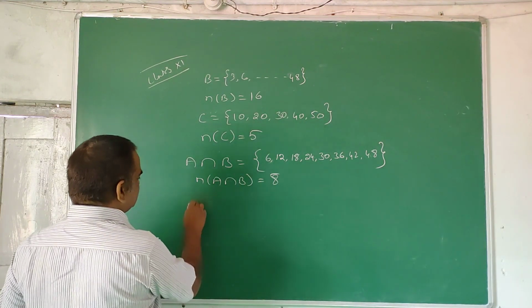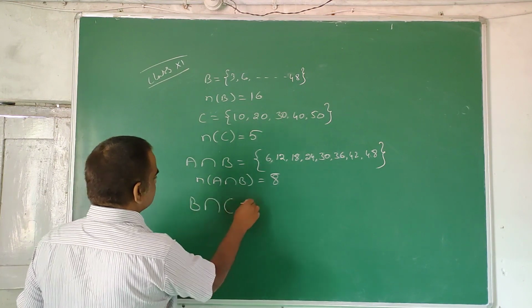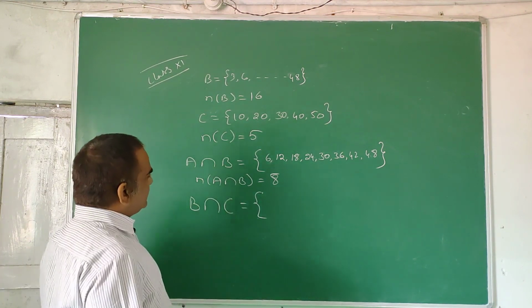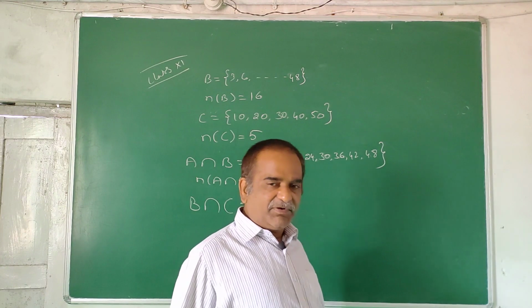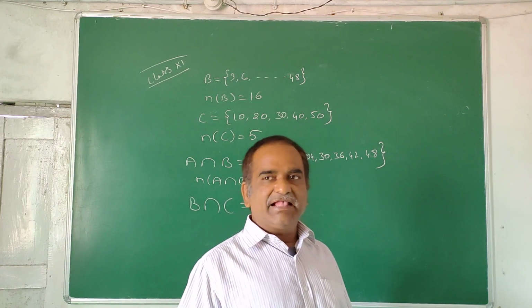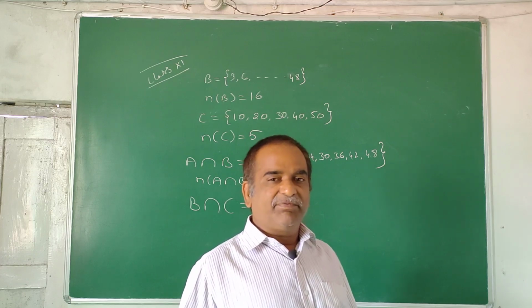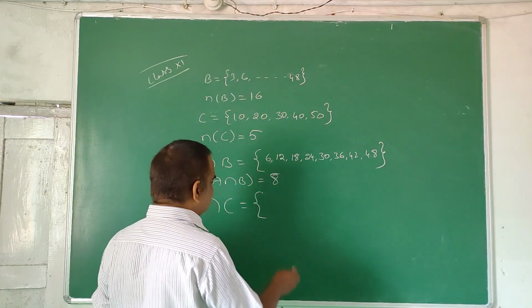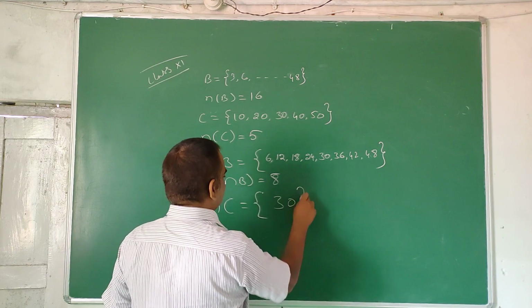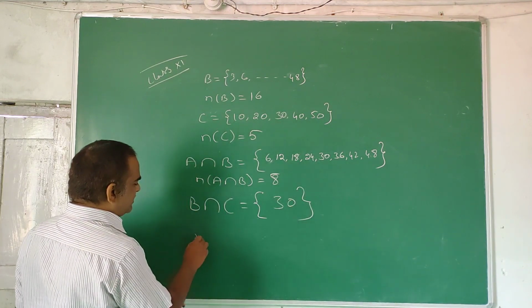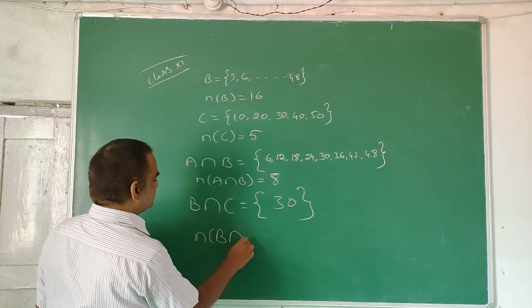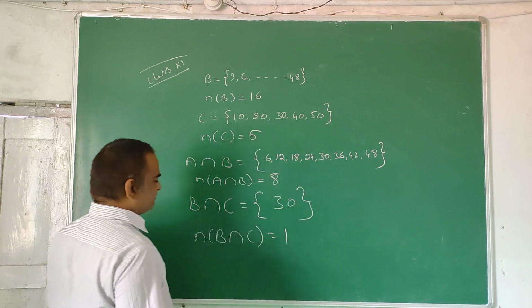Now B intersection C. B intersection C means it is a multiple of 3 and as well a multiple of 10. So it is nothing but a multiple of 30. So only one element is there. So n(B intersection C) is equal to 1.